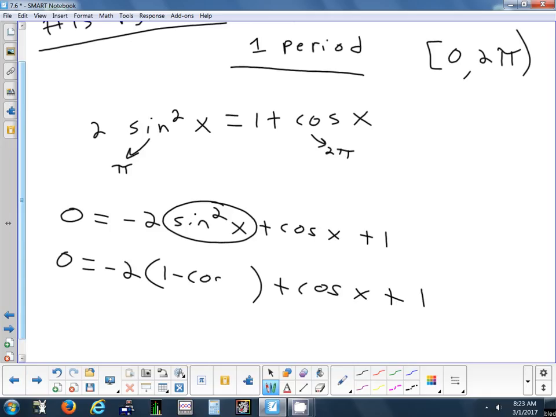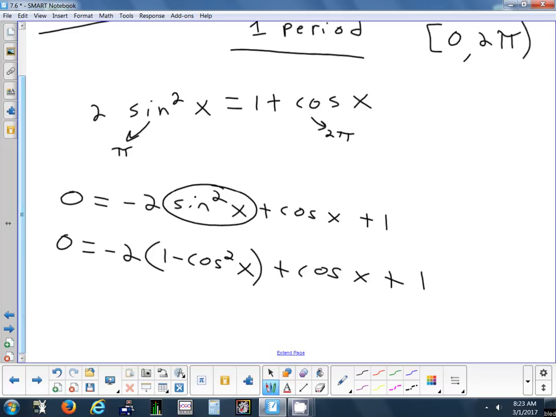And now watch what's going to happen when you distribute to your squared term. What's negative times negative? So your squared term is going to become positive 2 cosine squared. So I just avoid having to divide by -1.